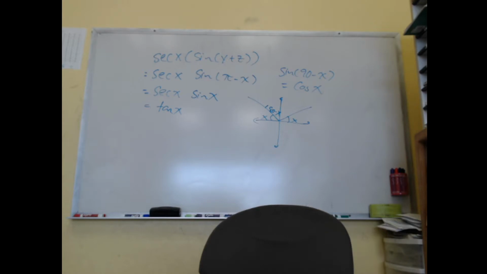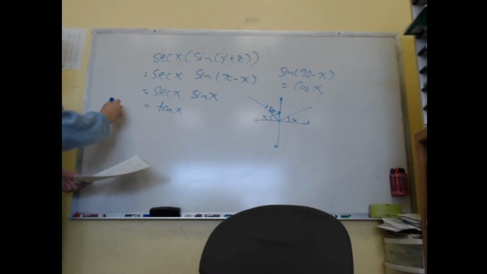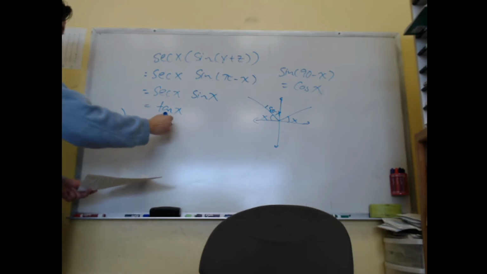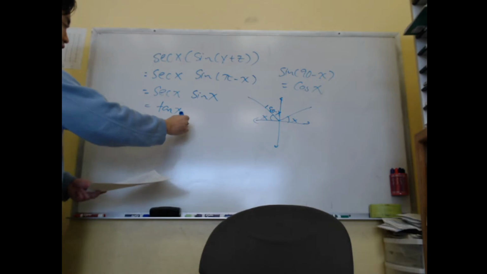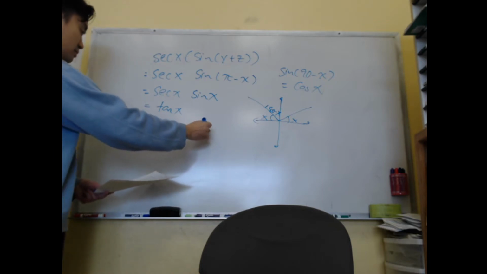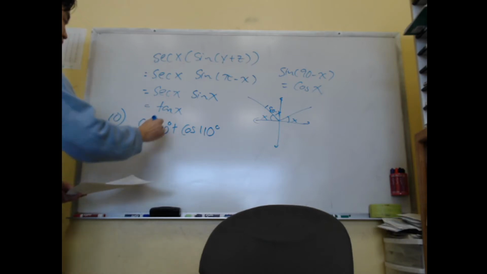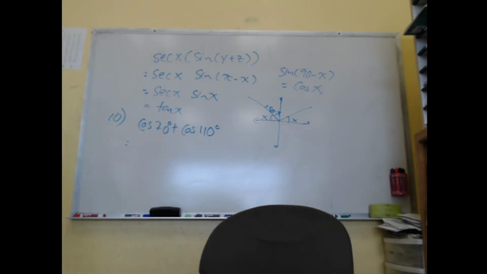But what about number 10? We're not using the half angle and double angle identities yet, assuming that you don't know about them. Any thoughts?